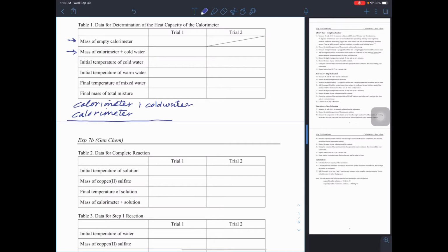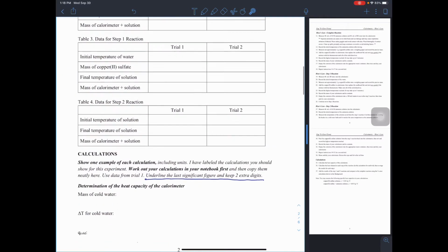If I look at the words and subtract, calorimeter minus calorimeter is nothing, and I end up with cold water. So by taking the mass of the calorimeter and the cold water, subtracting the mass of the empty calorimeter, I can find the mass of the cold water.